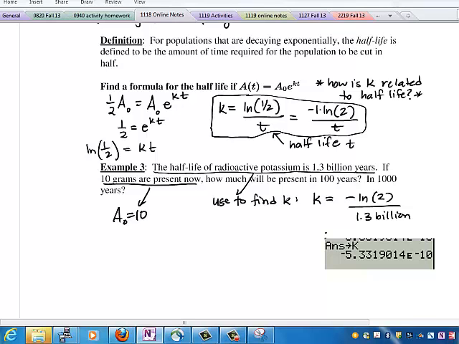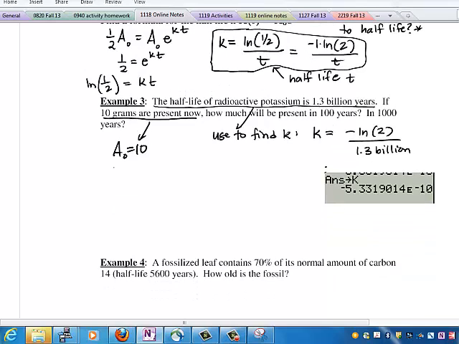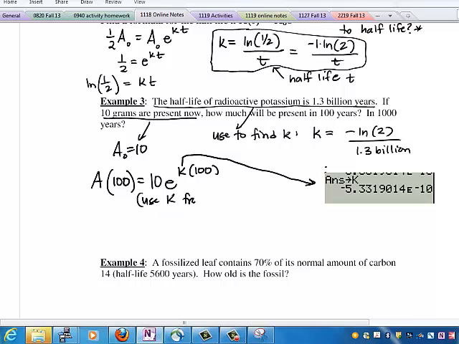How much will be present in 100 years? We want to figure out A of 100, which would be 10 e to the k times 100, where k is the number stored in our calculator. We'll make a note: use k from the calculator. Let's see what we get.